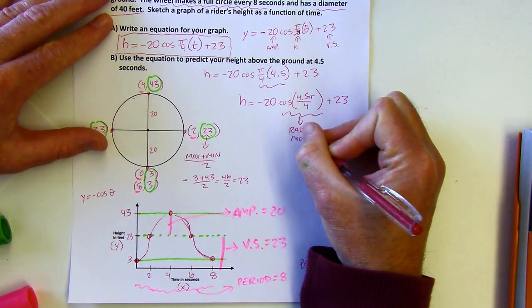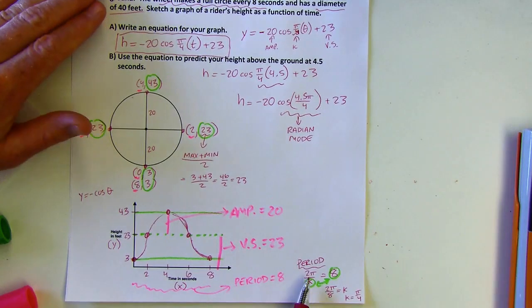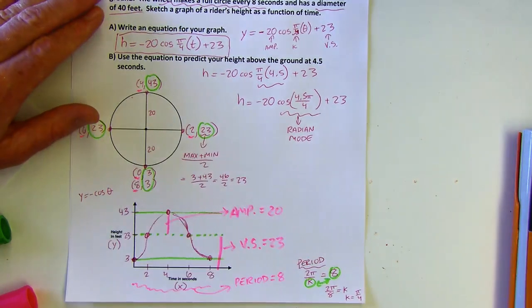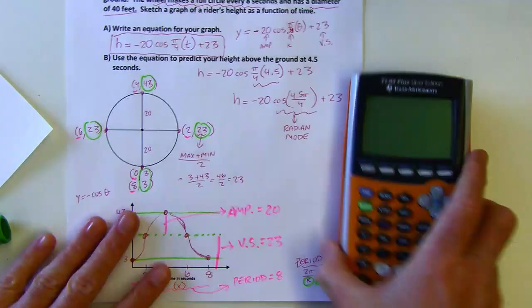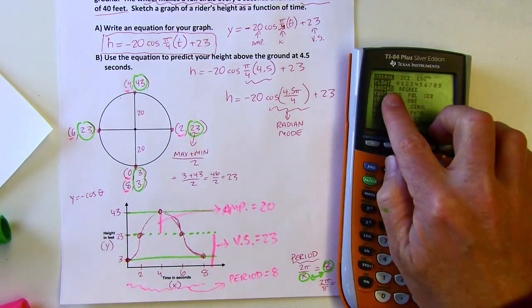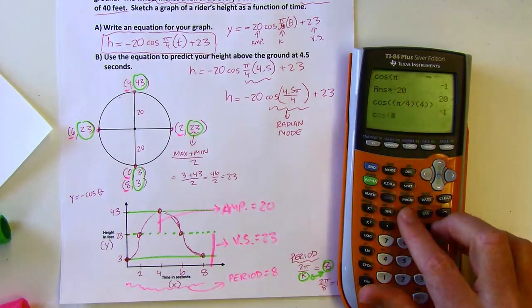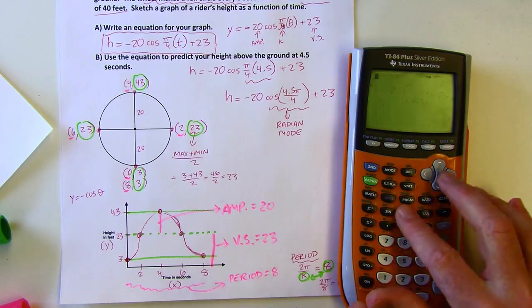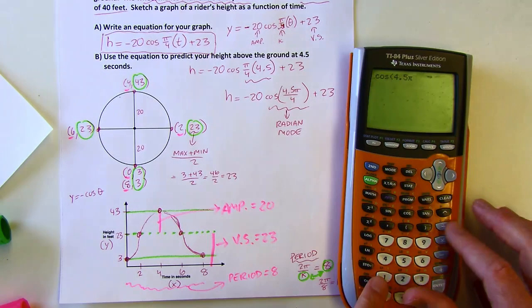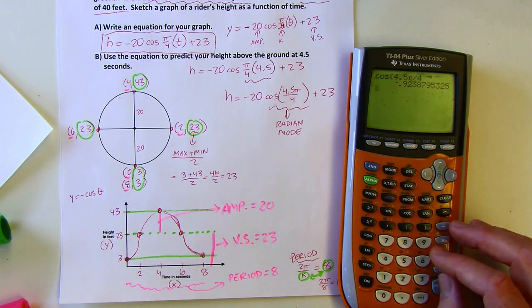The reason why is because we use 2 pi over k for the period, and 2 pi refers to the radian measure of a full circle. Okay, so on your calculator, make sure you're in radian mode. Let me check here. I am in radian mode. There it is. Okay, so I'm going to put in the cosine of 4.5 pi over 4. Okay, so I've got that.